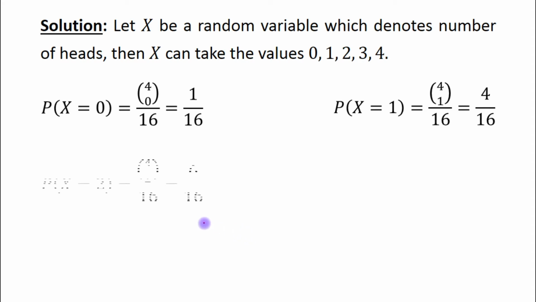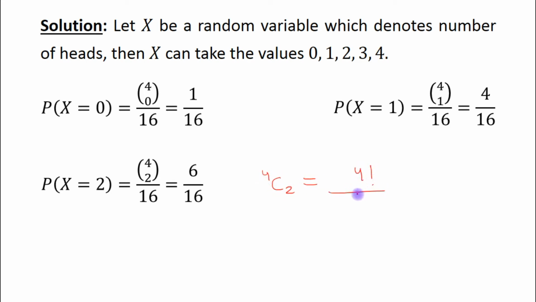Next one, P(X = 2), that means probability of getting 2 heads. It will be equal to 4C2 upon 16. Total number of outcomes will remain same. And 4C2, that means out of 4 tosses we get only 2 heads. It can be calculated as 4C2 equals 4 factorial upon 2 factorial times (4 minus 2) factorial.